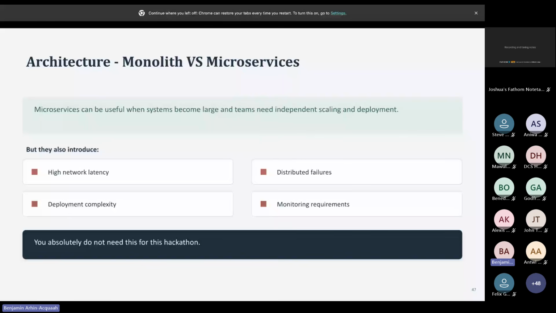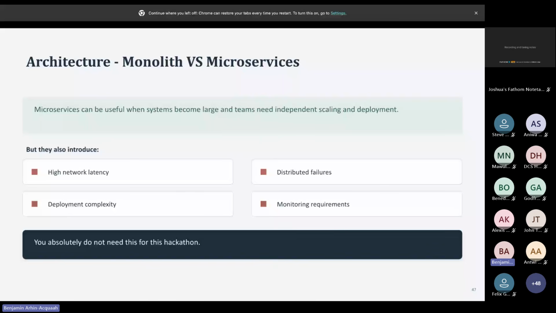And then, as I said, it has deployment complexity and then monitoring requirements. Because you have multiple services spread across your different servers, you want very good monitoring and to be able to know what is happening in all of these systems and if something is going wrong.